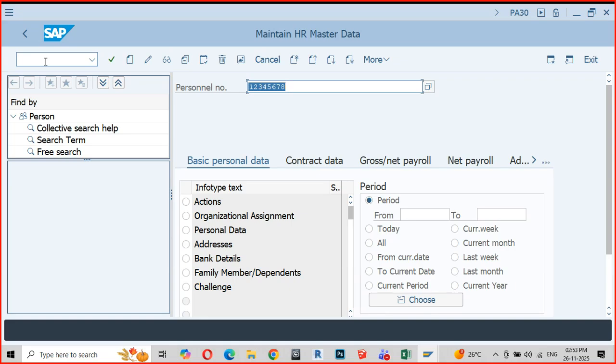So I create the employee using this transaction code, but I wouldn't know what data to give, clear? Because this is strictly a transaction code for your HR people. Good that I remember the transaction code because I had closely worked on one of the projects with the HR.